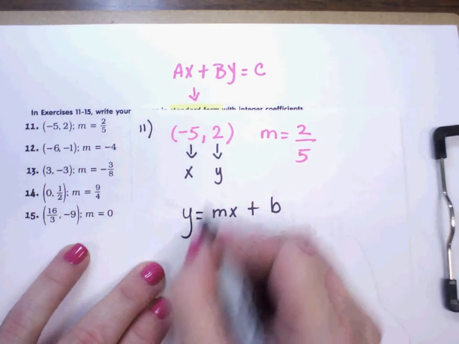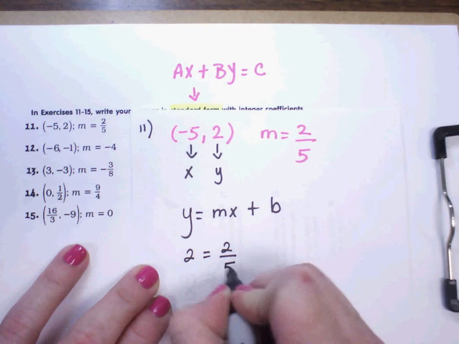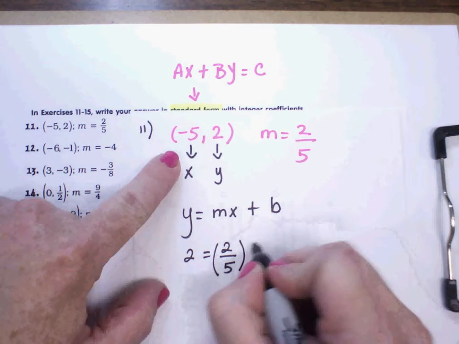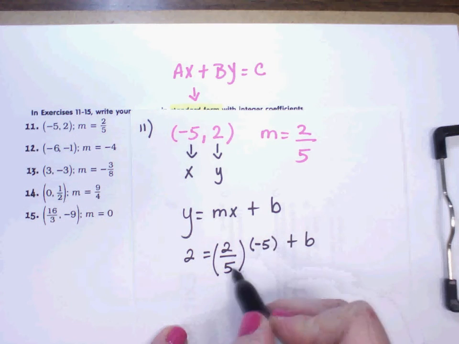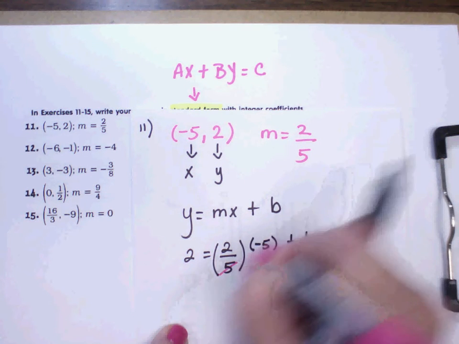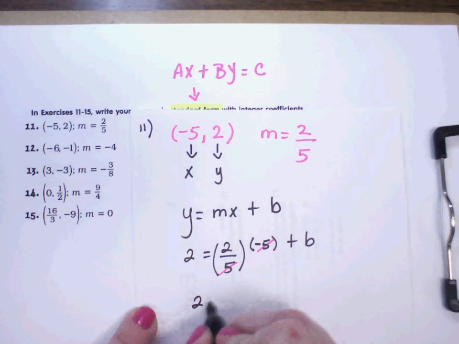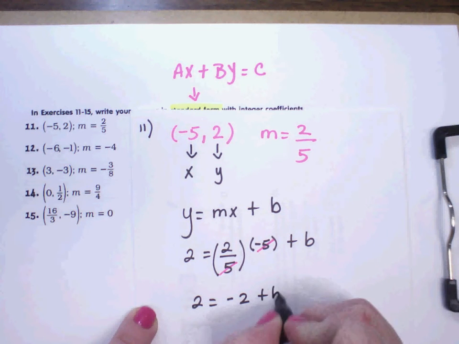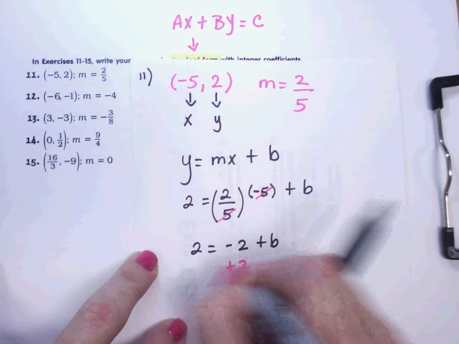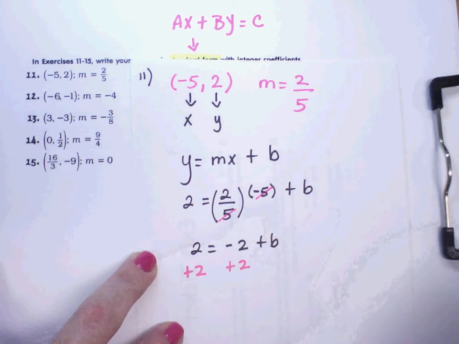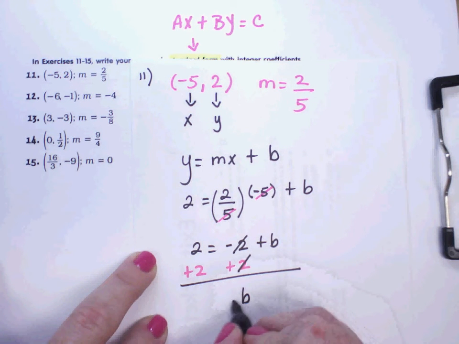So I can substitute the 2 for the y, the m for 2/5, the x for -5, and then plus b. Now, these two numbers cancel, and then the negative survives. So 2 equals -2 plus b. Now I need to do plus 2, because I need to find the b, which is my y-intercept. That would be 0, and b equals 4.